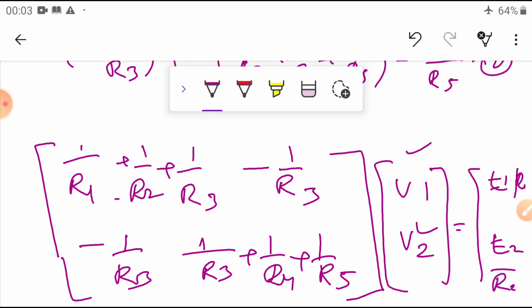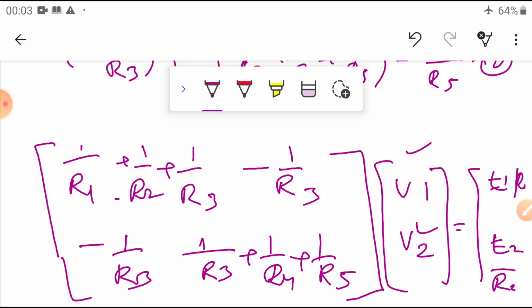Okay. So this is a small example. In nodal analysis, 1/R1, 1/R2, 1/R3 are resistance values. Instead of 1/R1, we can just write G1. What is the inverse of resistance?